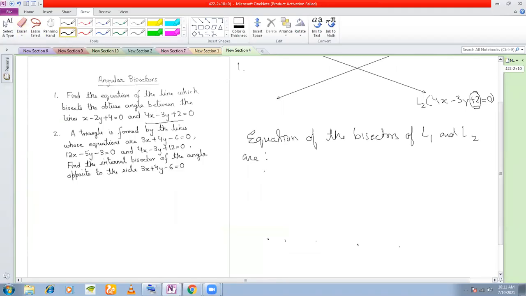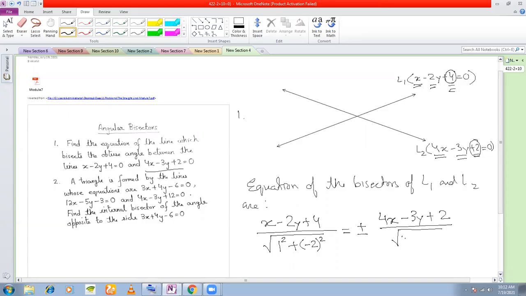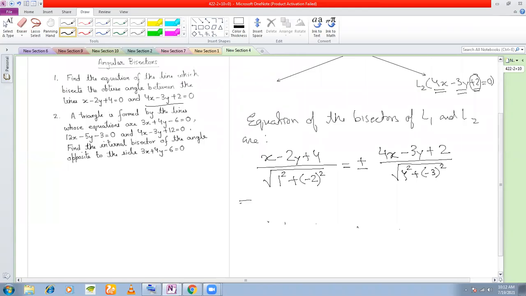A1x plus B1y plus C1 divided by root over A1 square plus B1 square is equal to plus or minus A2x plus B2y plus C2 divided by root over A2 square plus B2 square. These are the equations of the bisectors.